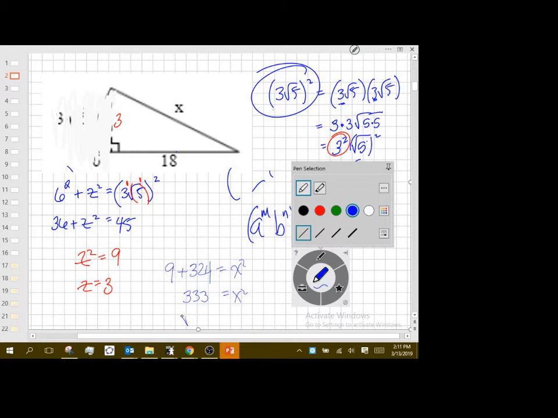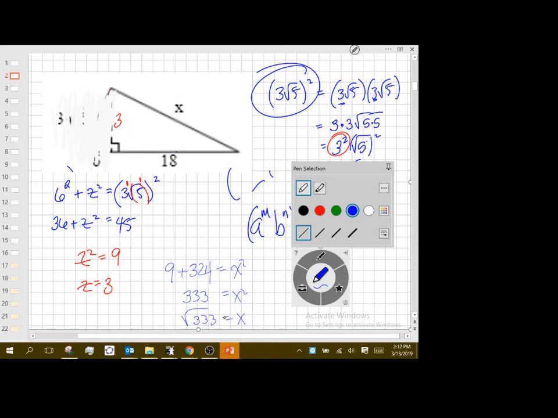Now we'll take the square root, and it gives me x. Now 333 is 3 times 11 times 2 times 5, I believe. None of those have partners, right?